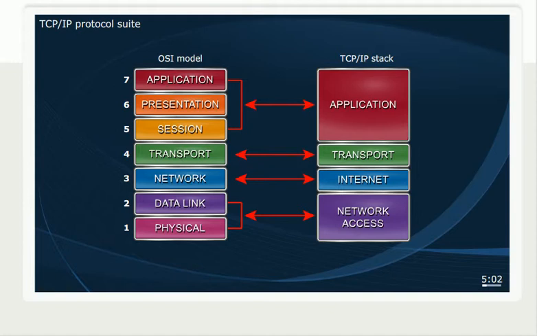The TCP/IP suite or stack, that model that we see there, does not describe network access. You remember when Raymond was talking about bits and MAC addresses? Things that happen at the physical layer and the data link layer are not defined by the TCP/IP stack.